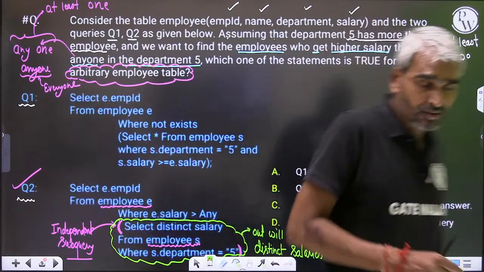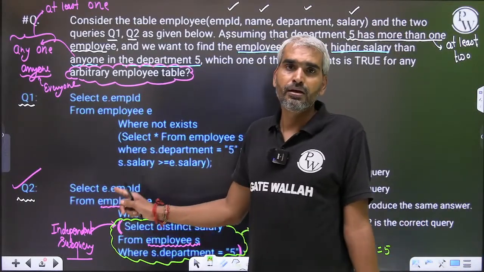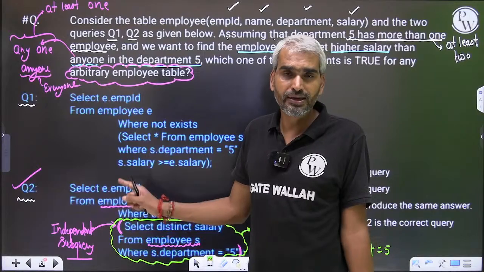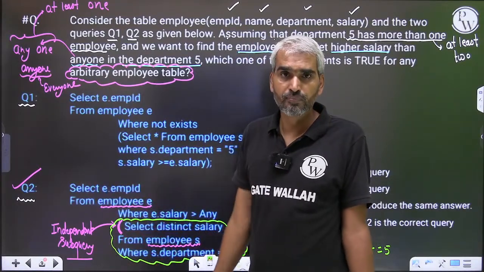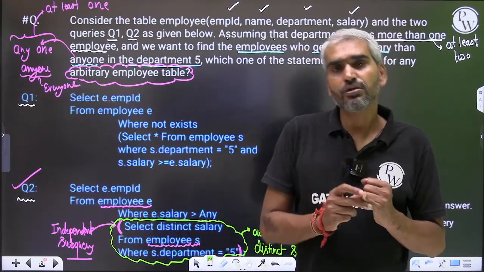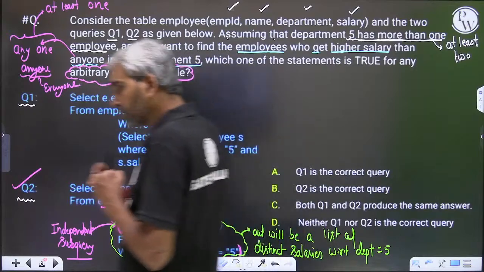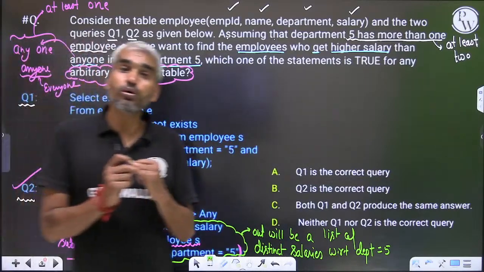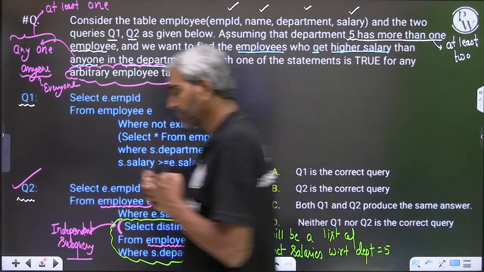So what's the difference? Sir, if you look at query number 2, the query Q2 will produce the EIDs of the employees whose salary is more than at least one employee of department 5.